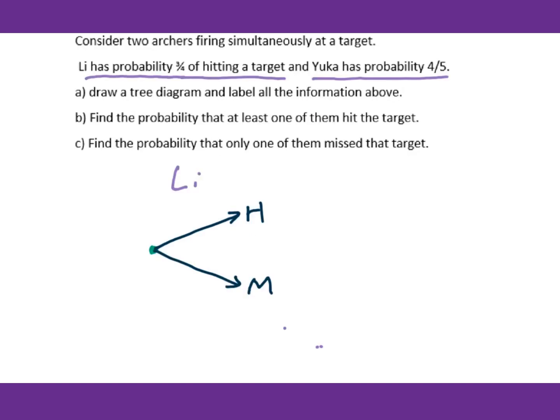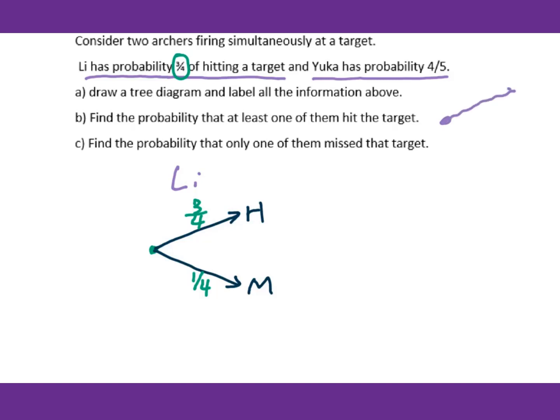Now let's check the probability. For Lee, the probability of hitting a target, that's 3/4. Missing will be 1 minus 3/4. You get 1/4. Remember, this is a property for tree diagram.